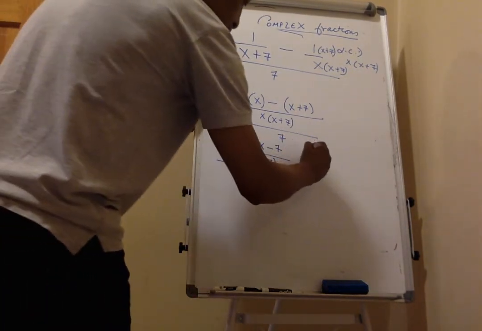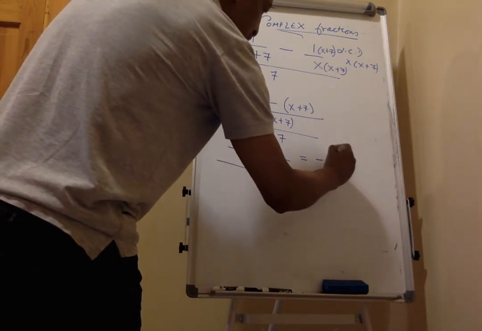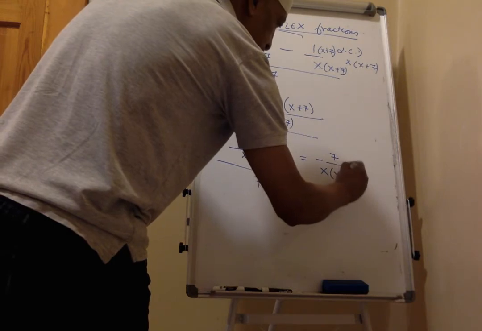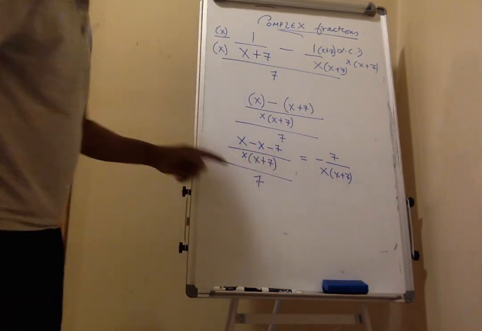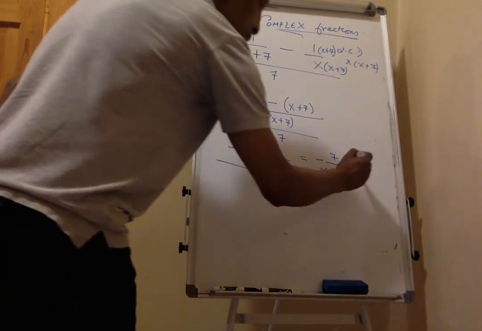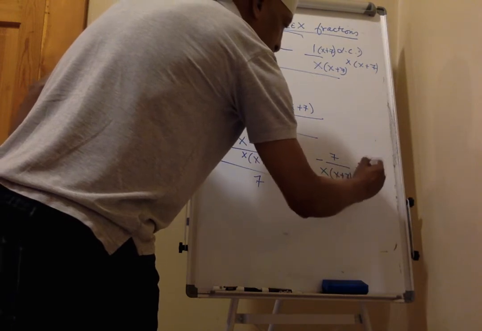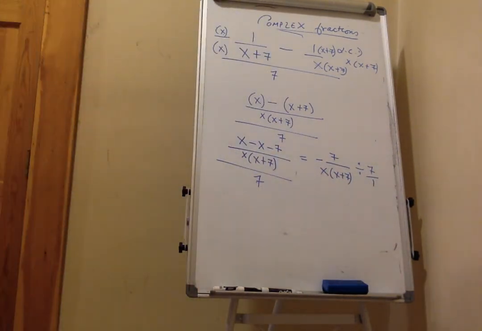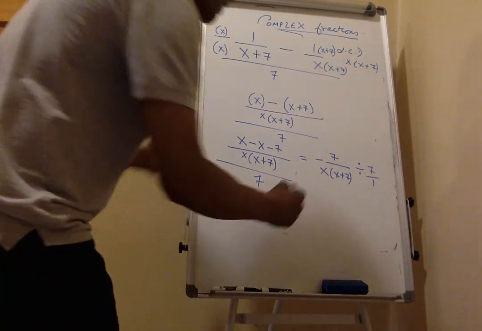So this would give you negative 7 over x times x plus 7, but this is divided by what? By 7. Probably put it as 7 over 1. Again, change this into multiplication.